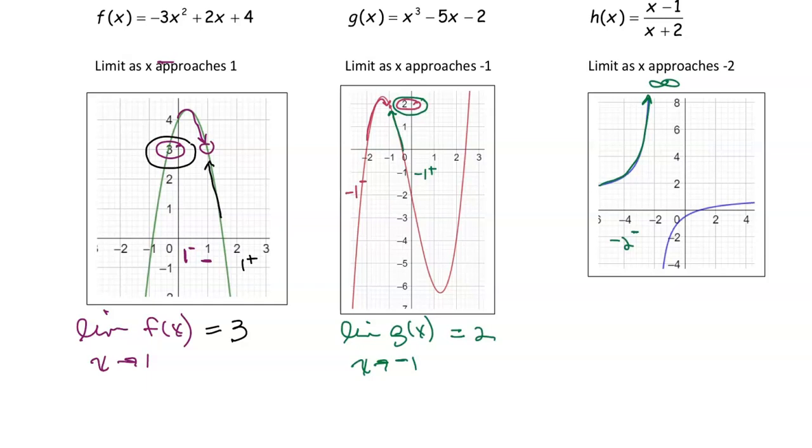If I approach instead from the positive side, I am going down here, and I'm approaching negative infinity. Okay, so I can say that the limit, this is an h of x function, as x approaches negative 2, does not exist. I'm heading two different places, positive infinity and negative infinity.